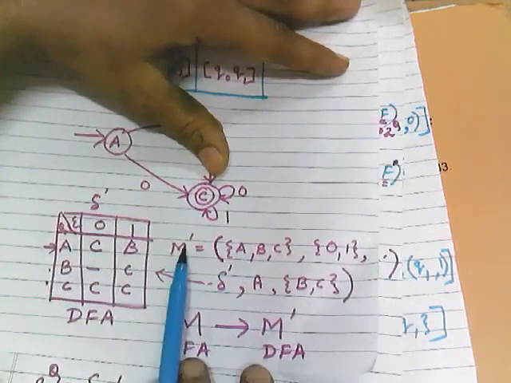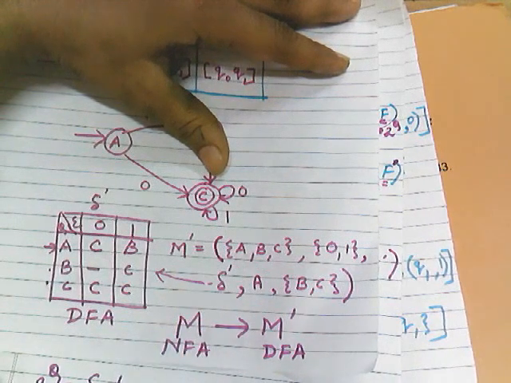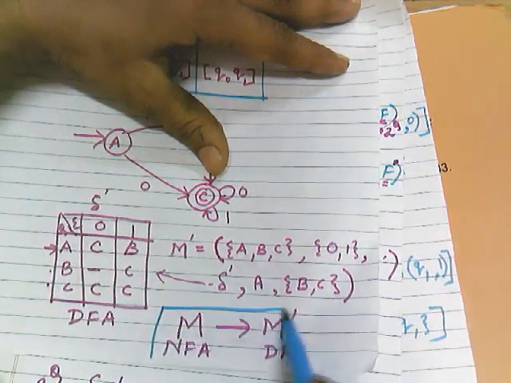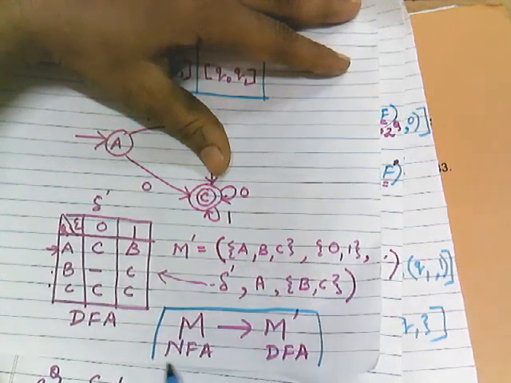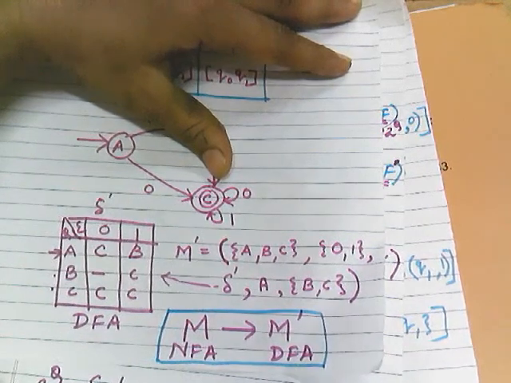So finally we can also represent the DFA with this. So we have converted the given NFA to the DFA using the first conversion method.